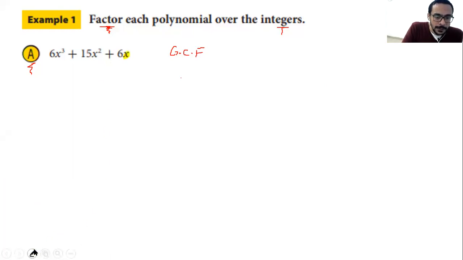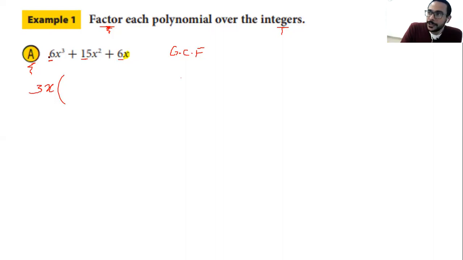When I take x as a common factor, open parentheses. I'm talking about the variables first, and then I will talk about the numbers. We have 6 and 15 and 6. Search for a number that divides these numbers. 6 and 15 are divisible by 3.